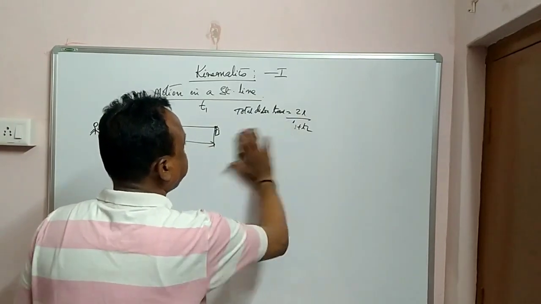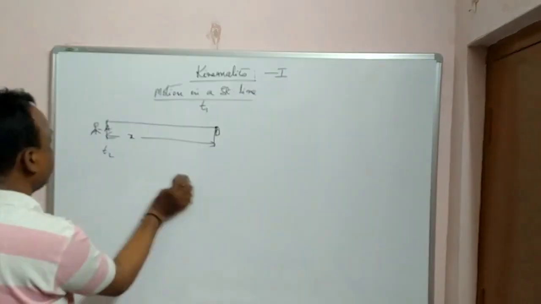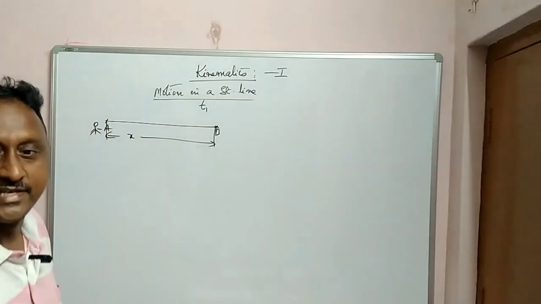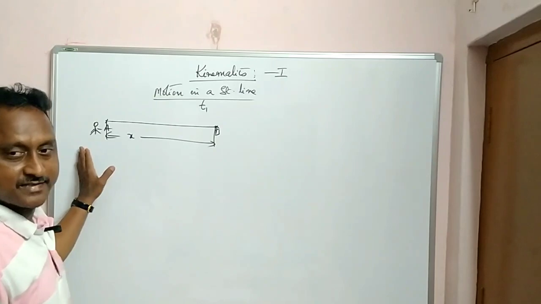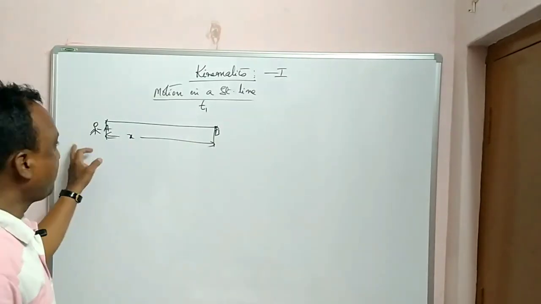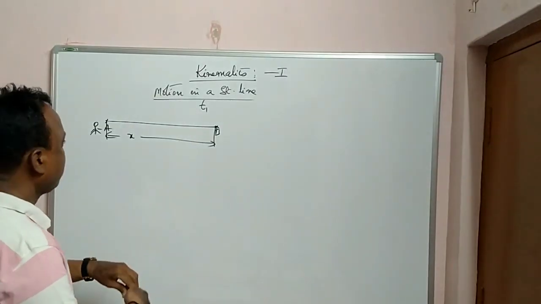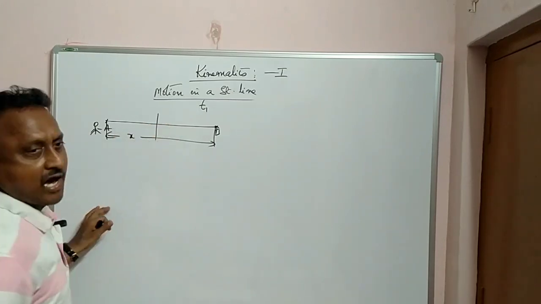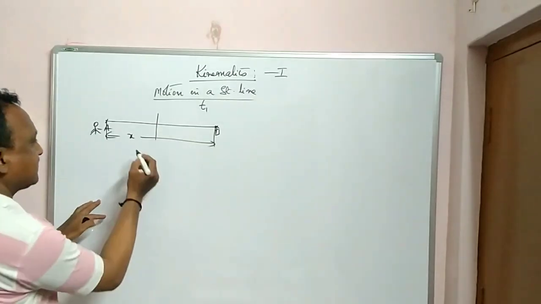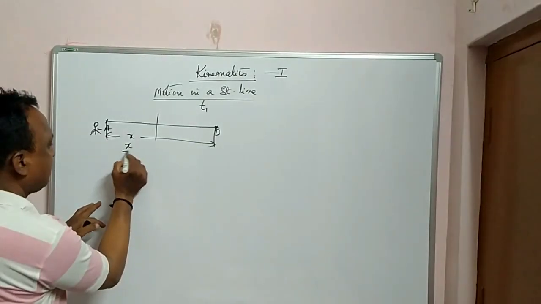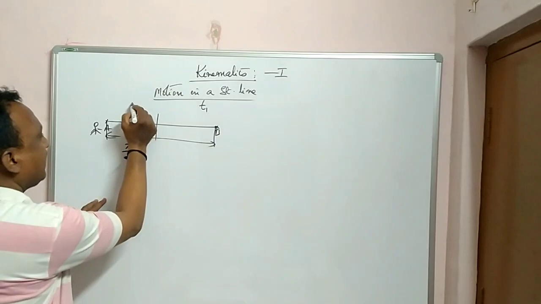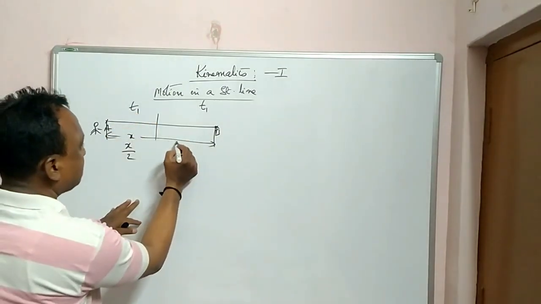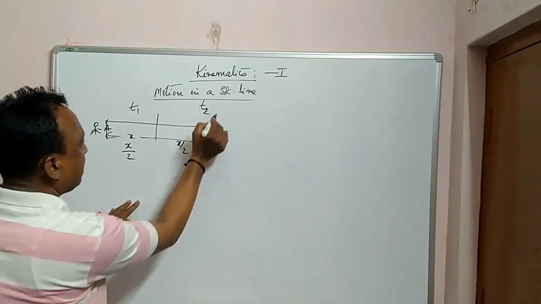Now let us change the pattern. Now same points A and B for the same person. For example, this person has travelled half the distance, that is x by 2, in time t1, and the remaining half distance in time t2.